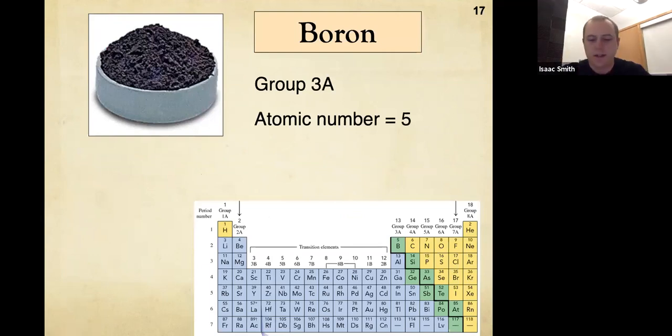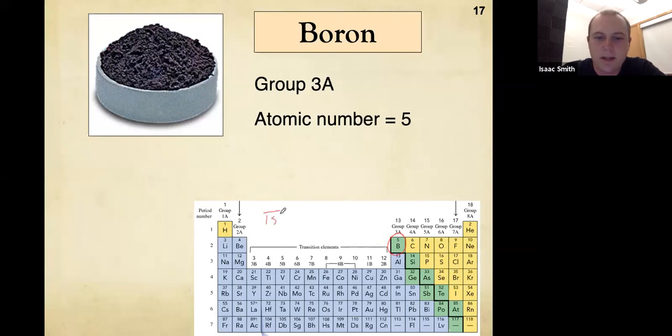All right, let's try boron here. So boron sits right here, okay? First we have our 1s orbital filled because we're going past hydrogen and helium to get to boron, right?